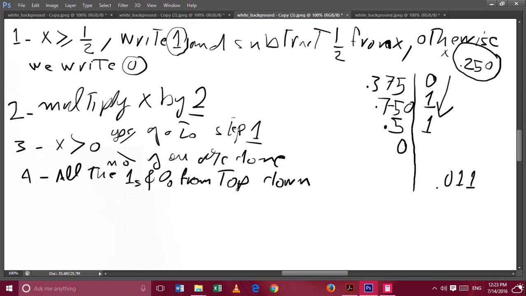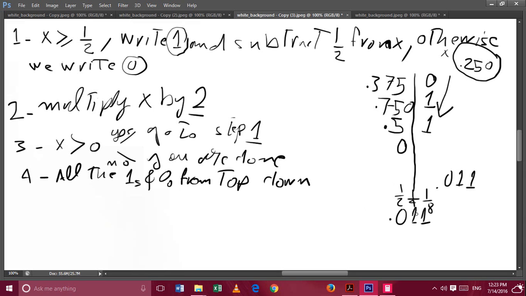If you really want to verify that this is indeed the number that we started with, let's convert this binary back to its decimal equivalent. Here we have half, this is 1/4, and this is 1/8.